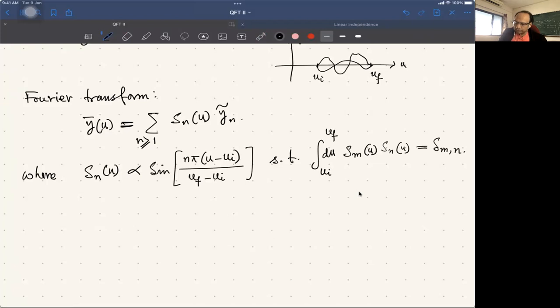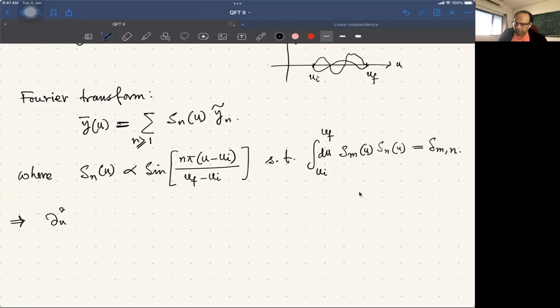Then you can calculate that del u square of Sn of u is equal to minus lambda n Sn of u, where lambda n is given by n square pi square over uf minus ui whole square.